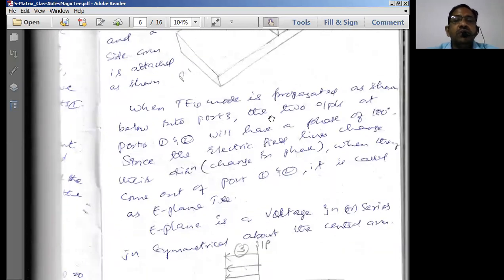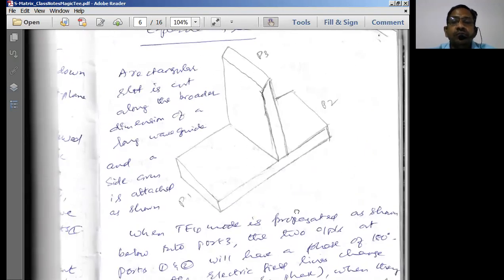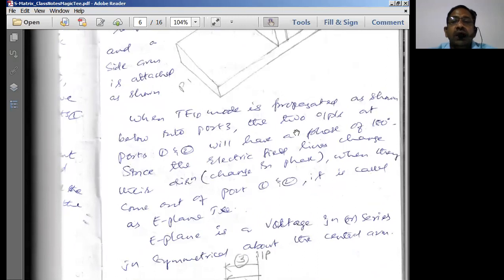So when this TE10 mode is propagated as shown below into port 3, we apply input to port 3 and get output from port 1 and port 2. And here the two outputs at port 1 and 2 will have a phase difference of 180 degrees. This is an important point. So in the E-plane T, when you apply the electric field at port 3, we get output from port 1 and port 2 with a phase change of 180 degrees.